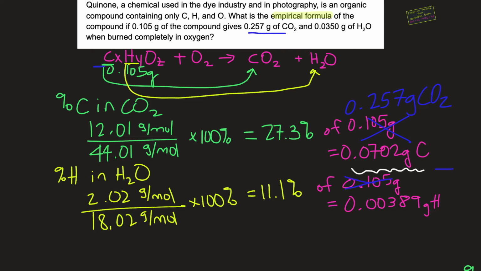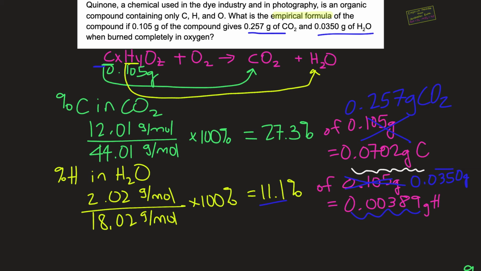So we're going to cross this number out and instead get the mass of water, because 11.1% is the mass percent of hydrogen in water. So 11.1% of 0.0350 grams is this answer. Again, that answer is still correct, but my 0.105 grams of the unknown compound should not have been there, because that's a false way of doing things.